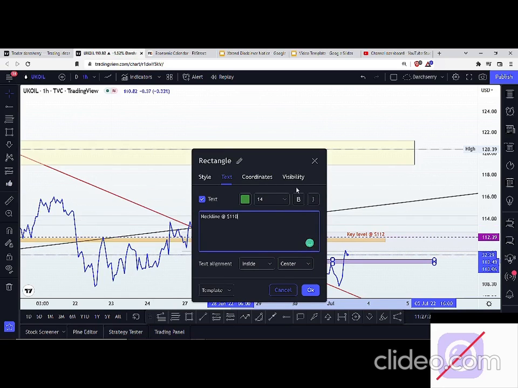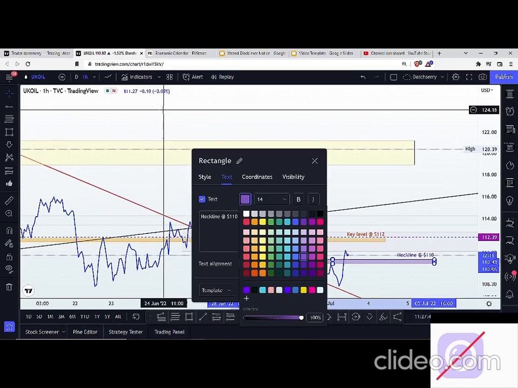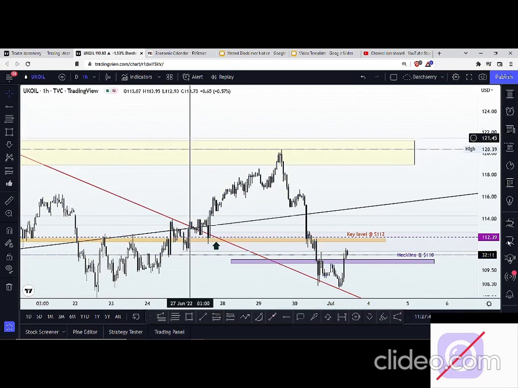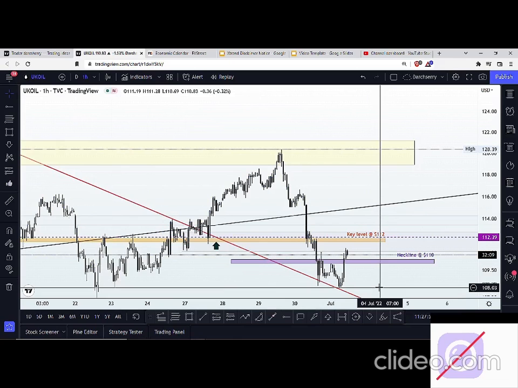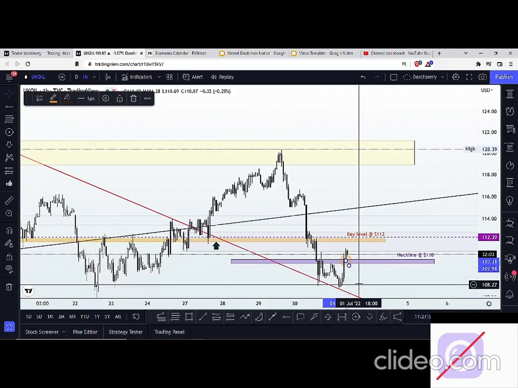Okay, so we have something like this, and we should be having it at the right hand side of our screen so that it wouldn't superimpose on our drawings. So this is what we have here on the UK oil. So now with the neckline sitting at $110 and we already have a breakout of that neckline, what are we going to be looking out for?